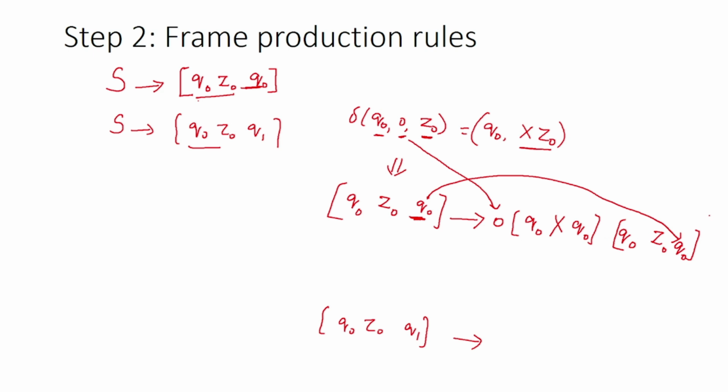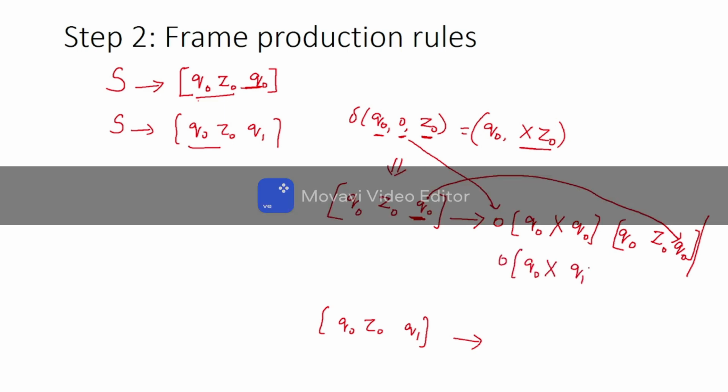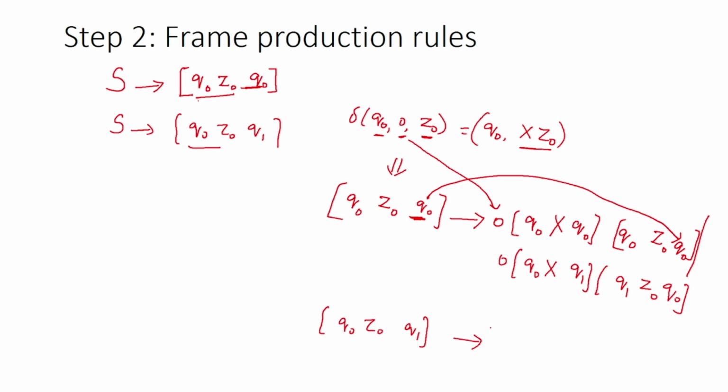So, add one more rule. So, 0, the same Q0, X, Q1, instead of Q0 you place it as Q1, and here also Q0. And for the next one, see here the same thing, 0, where it goes Q0, X, the same Z0.